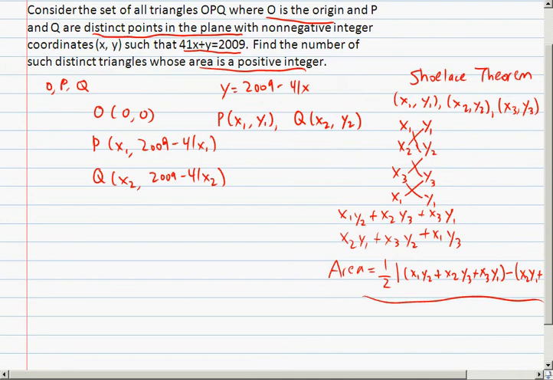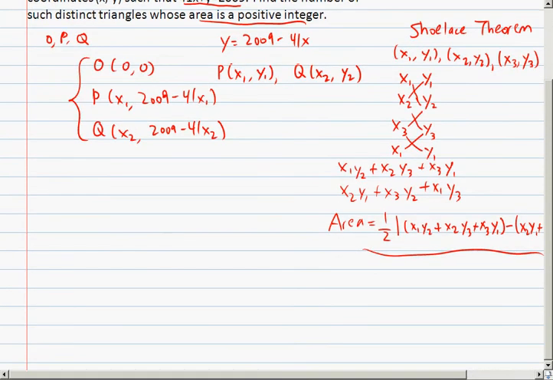So, returning back to the previous problem, let's try the shoelace theorem for these 3 points. How do we do this? Well, we first list them in columns. We have O here, then we have P, and then we have Q. And then we write down point O again.